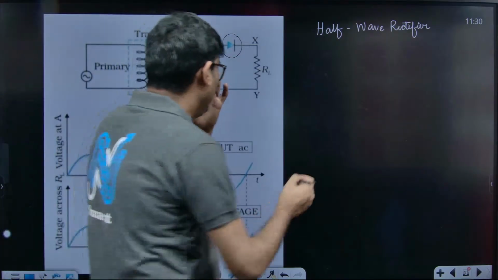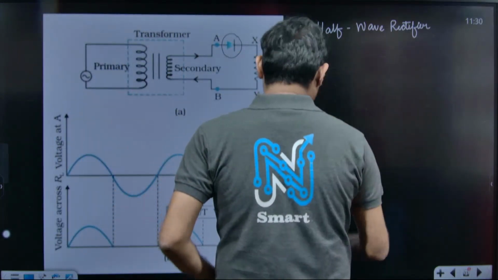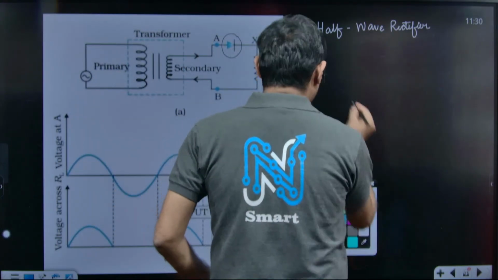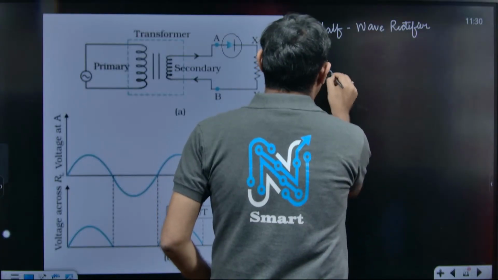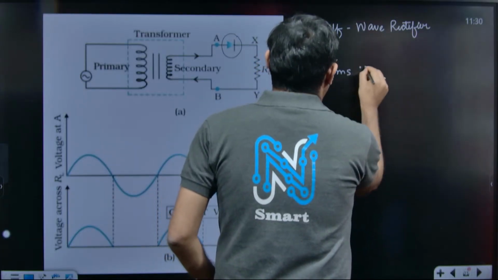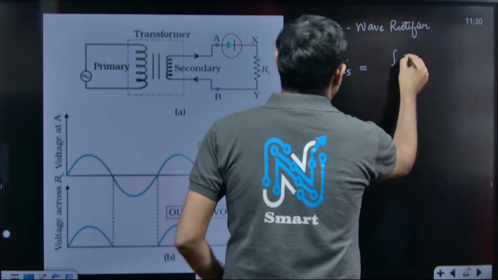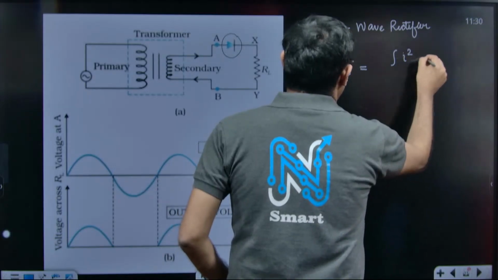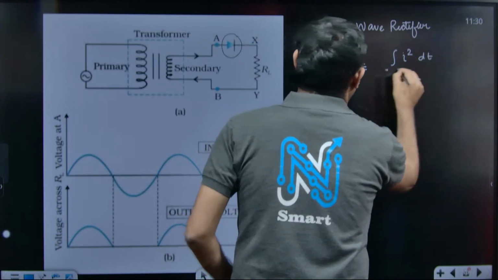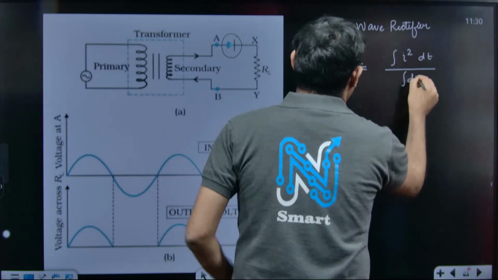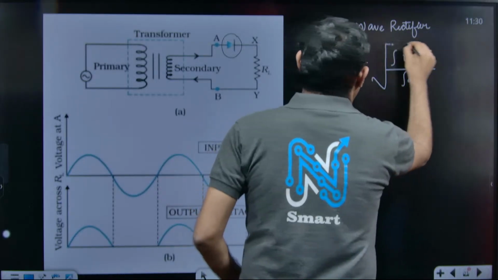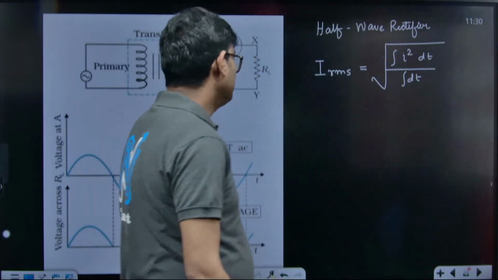You can calculate. If you remember what IRMS is, it is the square root of the integral of I square dt divided by the time period. This was the IRMS.